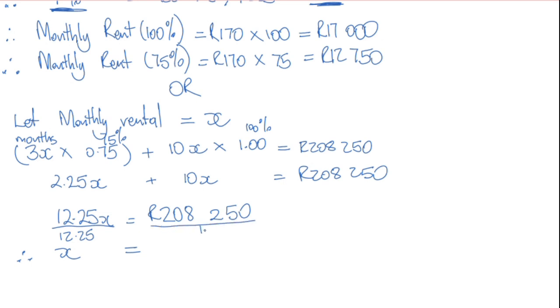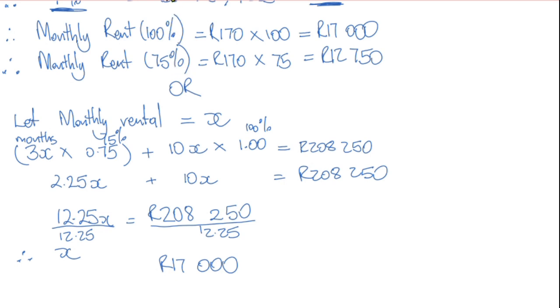So once we divide both sides by 12.25, we end up with x is equal to 17,000. So that is the normal monthly rent. X is equal to 17,000.